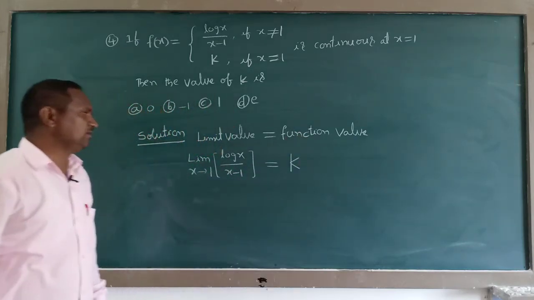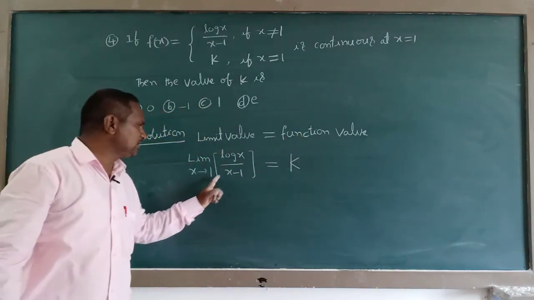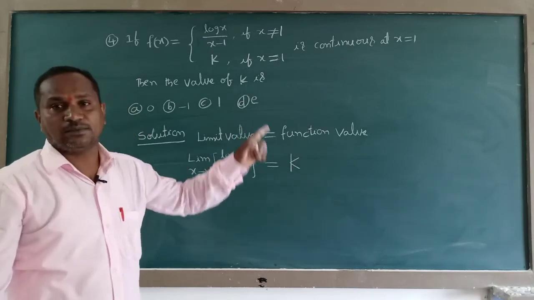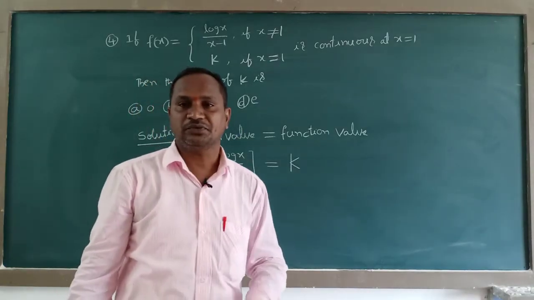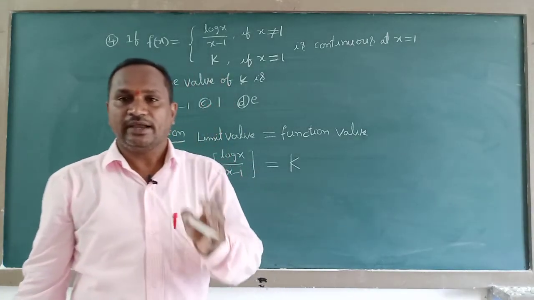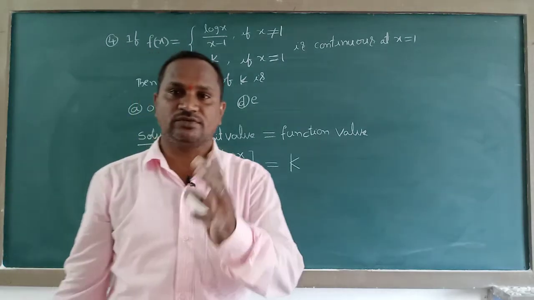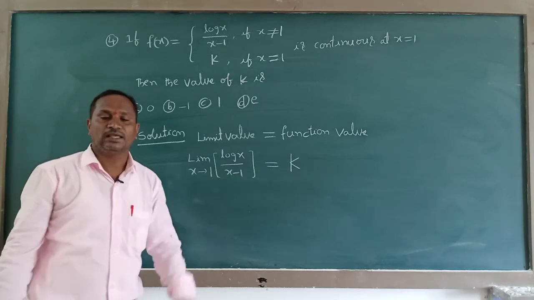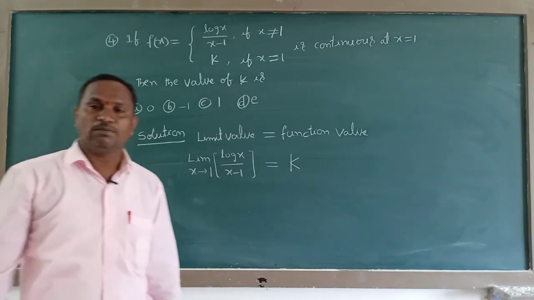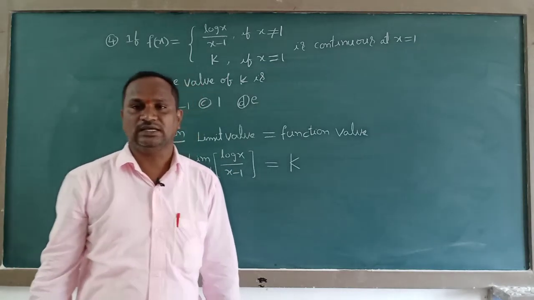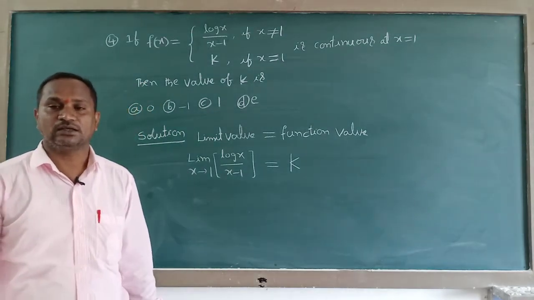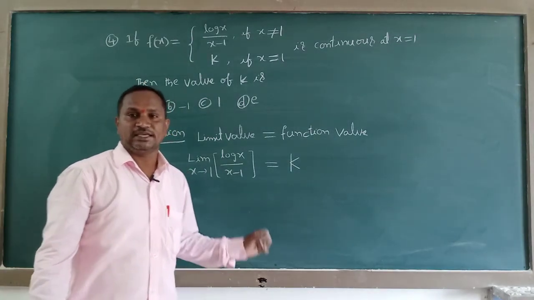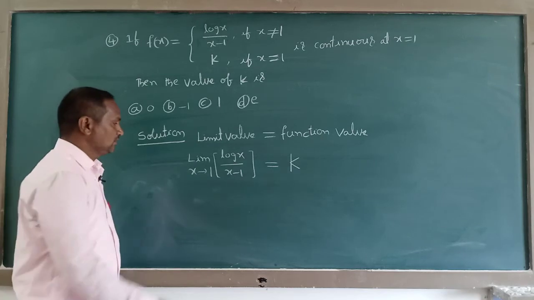See here, on the left hand side, if we put x as 1, it approaches 0 by 0 form. But we should not get those forms in the evaluation of limits here. To avoid them we have to apply L'Hospital rule in competitive level examinations. Now I apply L'Hospital rule on the left hand side.